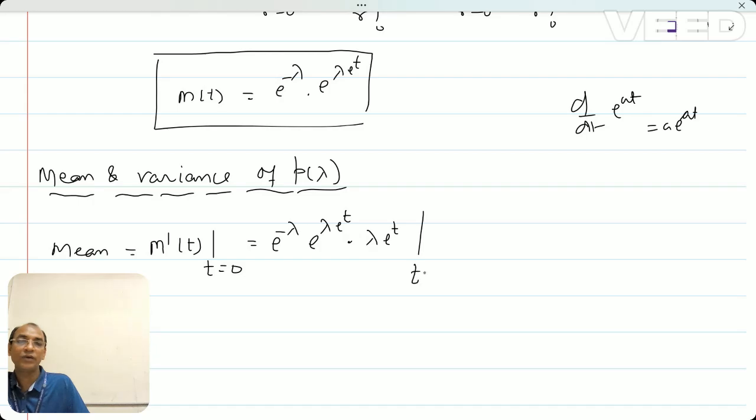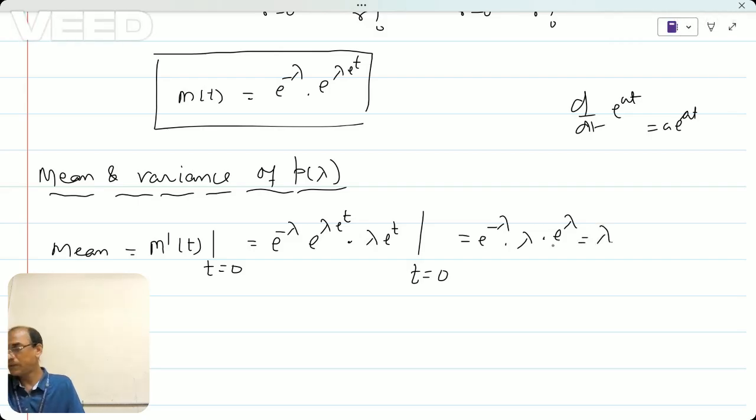And then put t equal to 0. If I put t equal to 0, we'll get e to the power minus lambda, and e to the power t equal to 0 is 1, into lambda into e to the power lambda, and so I will get lambda.